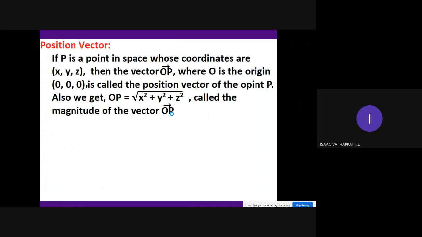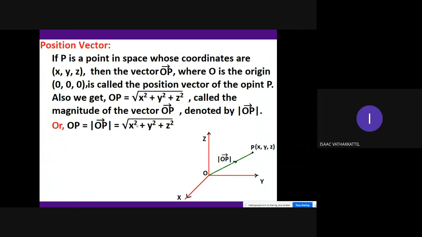That is called the magnitude of the vector OP, denoted by magnitude of vector OP. We can also simply write OP, that is nothing but square root of x squared plus y squared plus z squared. This is the x axis, y axis, z axis, three-dimensional. P is any point in space, P(x, y, z).